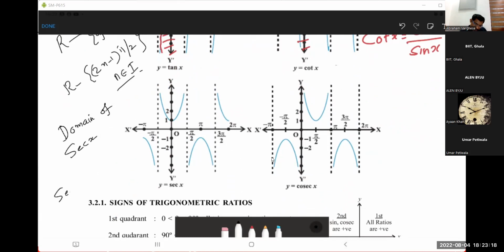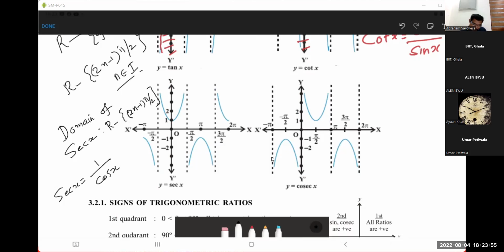You know that sec x is equal to 1 over cos x. Therefore, where cos x is equal to 0, it is not defined. Cos x is 0 at odd multiples of pi by 2, right? Therefore, the domain will be all real numbers minus (2n minus 1) pi by 2.